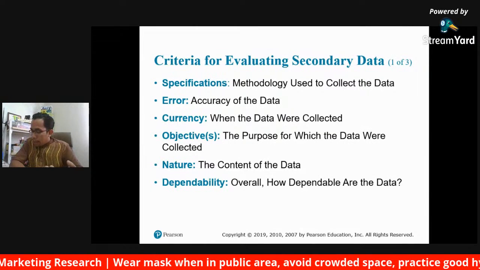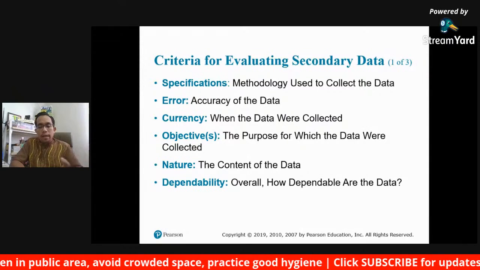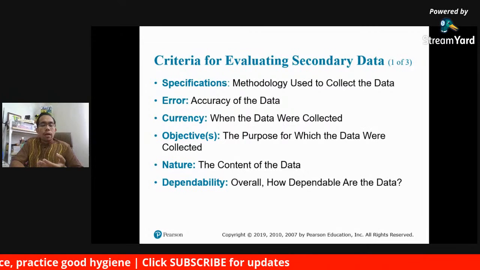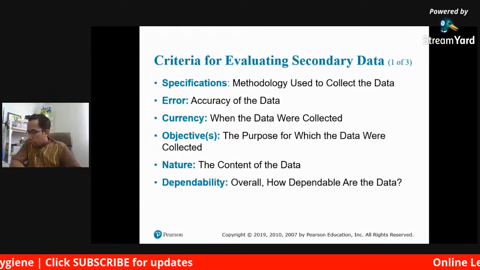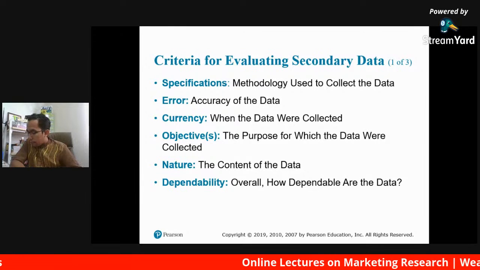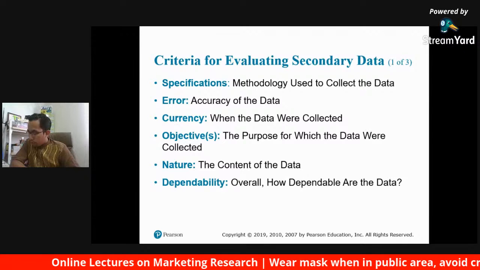There might be certain information in their report that might not be so helpful to us, including certain issues regarding relevancy and accuracy.